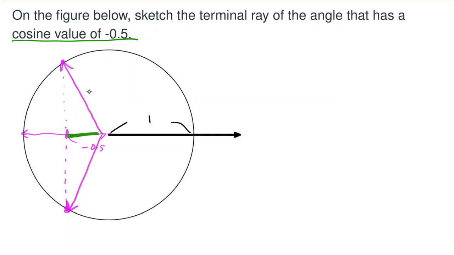Since the radius is 1, negative 0.5 divided by 1 gives us cosine of negative 0.5, since this length is negative 0.5. Sorry, I said sine earlier. Let me highlight the answer. We're just looking for one of these terminal rays.